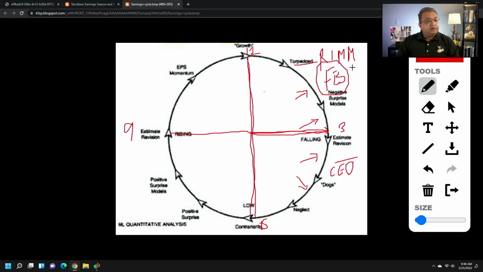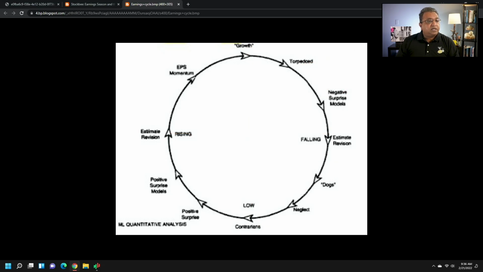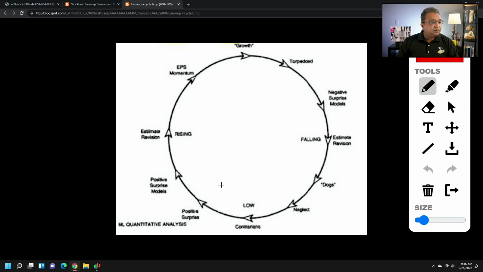Now, the inverse of this, or the other side of this, is the first time a stock has an earning surprise. When it has a first time earning surprise, that is what I look for, which is an EP, episodic pivot, as a strategy, right? And the first time earning surprise, and there has been neglect for many years, the stock has been doing absolutely nothing, and it's been washed out.